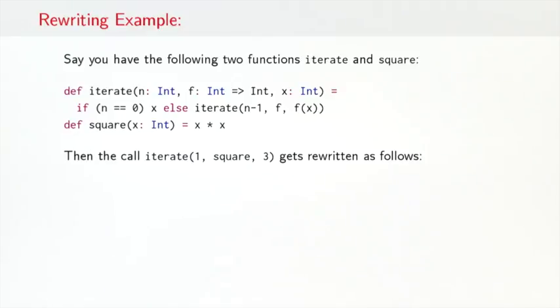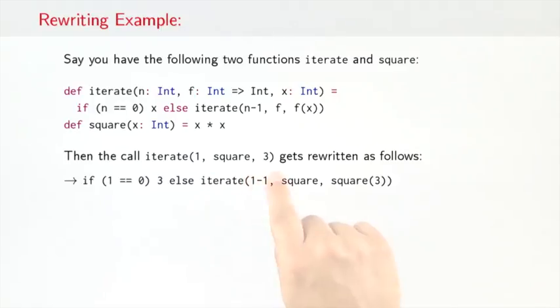Let's now look at the call iterate of 1, square, and 3. That call can be rewritten as follows. The first thing you do is you take the right-hand side of iterate and you replace the actual arguments for the formal parameters n, f, and x. So that would give you this line here.